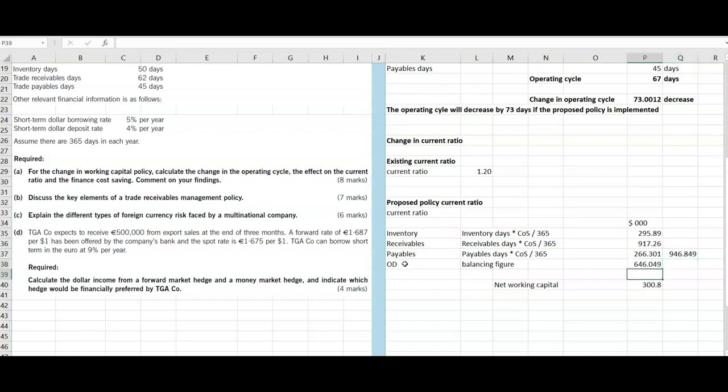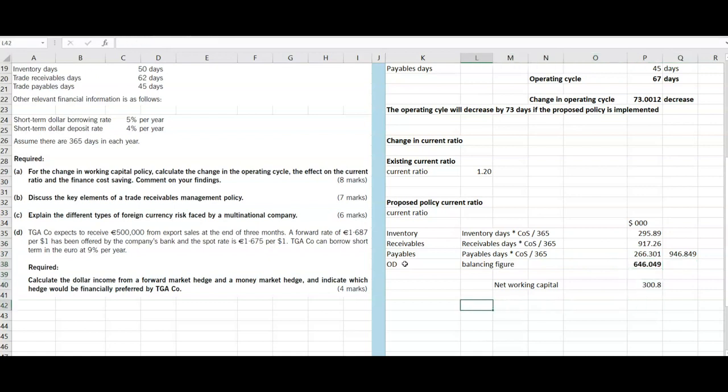If you want, you can calculate it again. Add both these numbers and deduct these numbers. You have to get 308.8. You have got it. It's only for computation purposes, so we can ignore that. This is our balancing figure. If you want, you can highlight it.